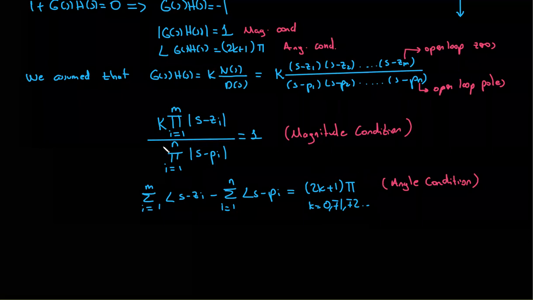And so now we were able to write down these conditions in terms of the open loop poles and open loop zeros, right? Let me show you one example.